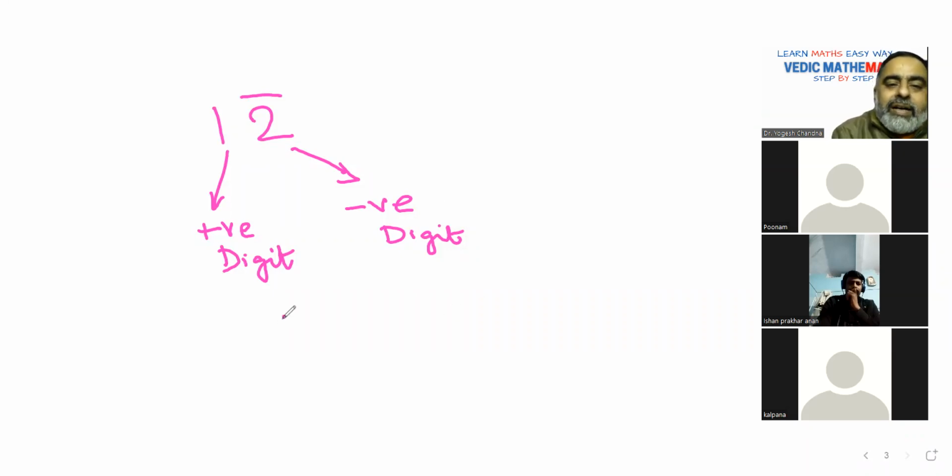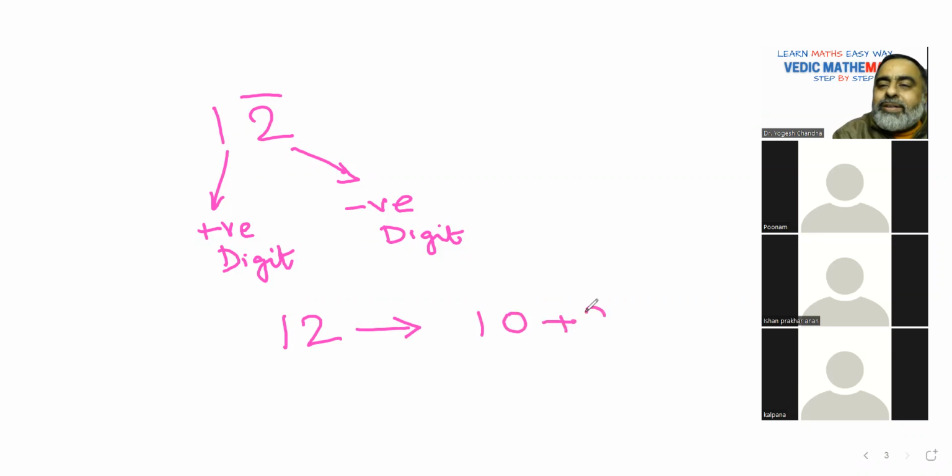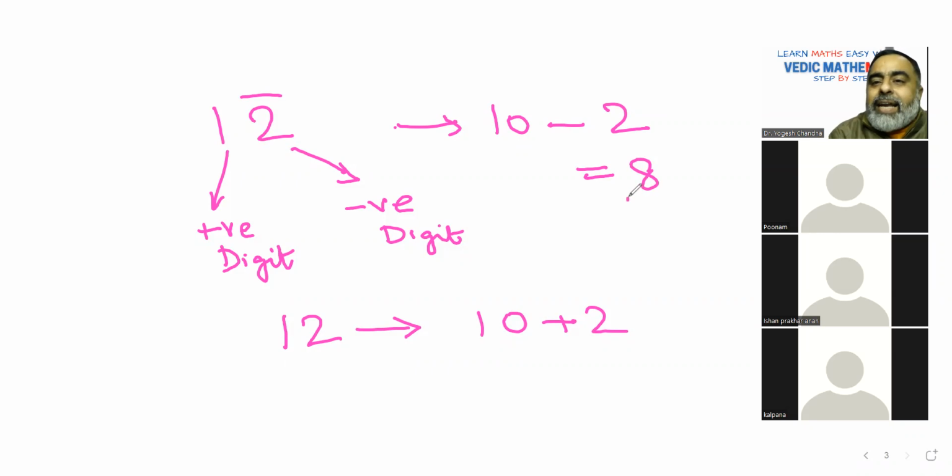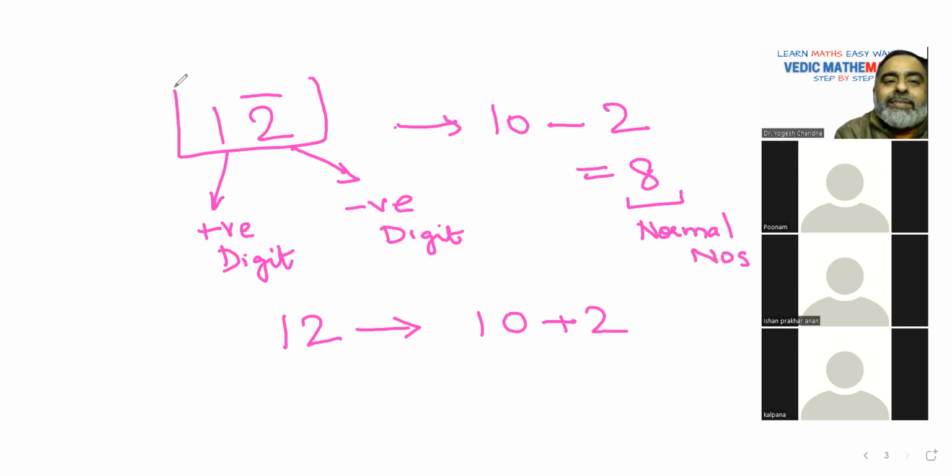If 12 is given, how do you represent it in place values? 10 tens plus 2 units. Here also it is 10, but here it would be minus 2 because the second digit has a bar. That is equal to 8. So from here we find that 8 is a normal number and its vinculum is 1, 2 bar.